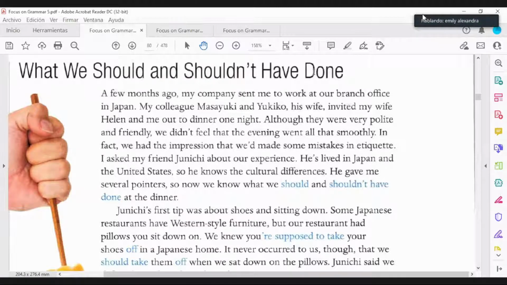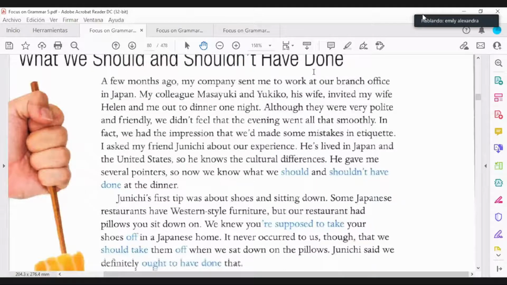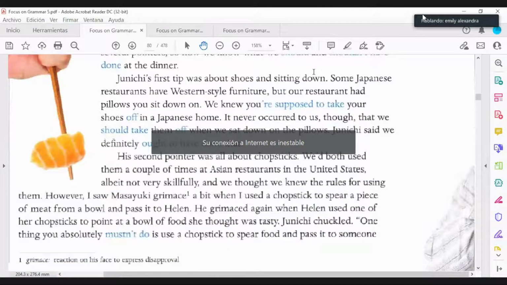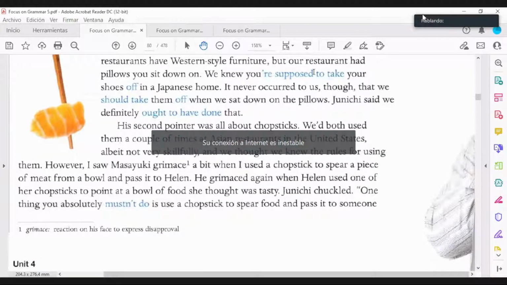Some Japanese restaurants have Western-style furniture, but our restaurant had pillows you sit down on. We knew you're supposed to take your shoes off in a Japanese home. It never occurred to us that we should take them off when we sat down on the pillows. Junichi said we definitely ought to have done that. Very good.